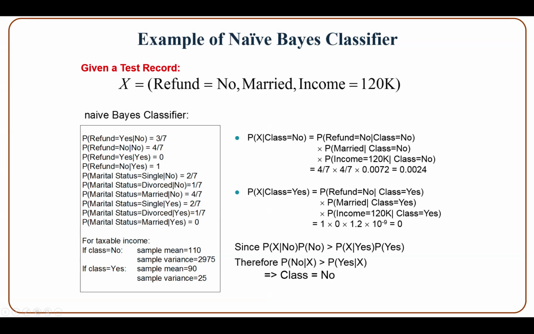The left side is actually greater than the right side, so the conditional probability of class equal to no given the data is greater than the probability of class equal to yes given the data. So from here you can say you classify the test record to no.